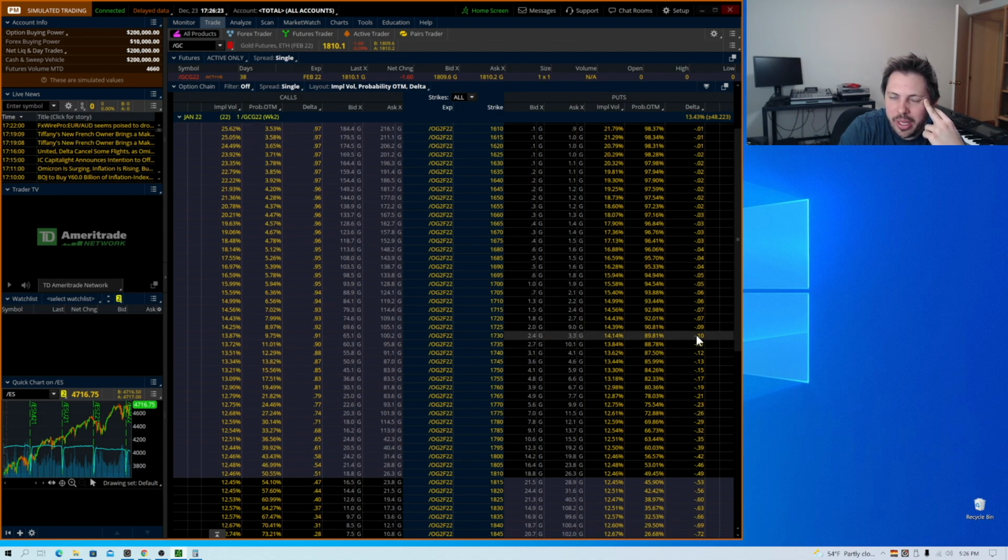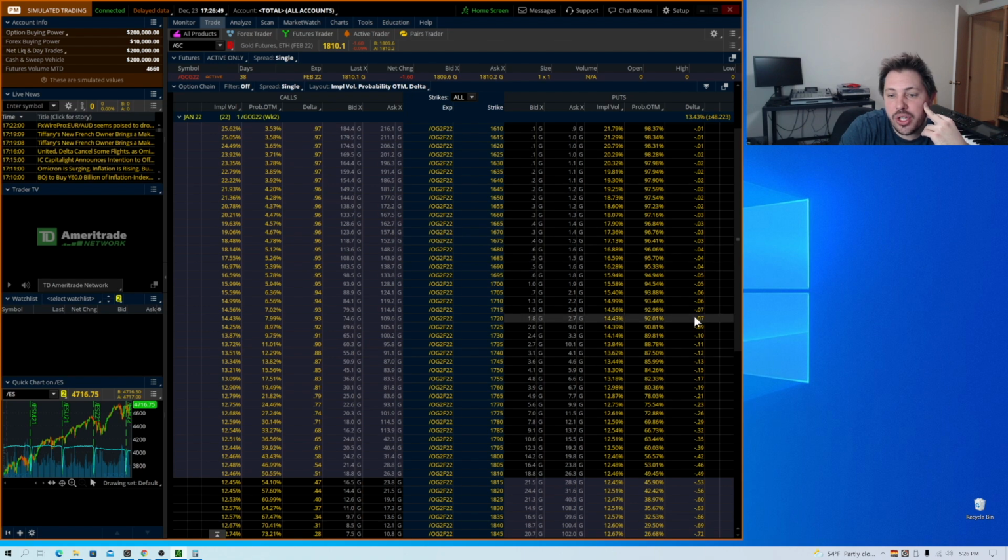Again, when we think about selling cash secured puts or selling any option, I like to look at delta, because delta is giving us an approximate percentage of this option ending up in the money. So based on your risk tolerance is where you would decide how close or how far away to sell this premium, right?